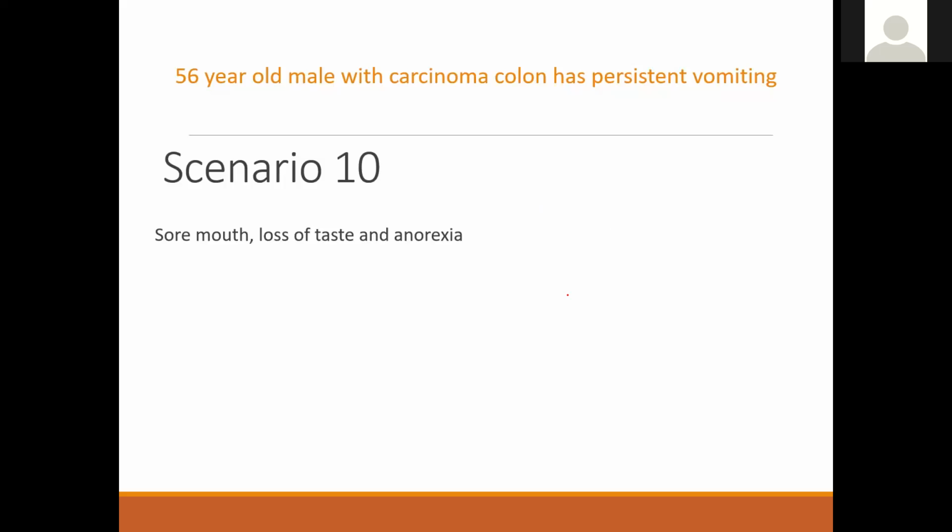So I went through all the scenarios just to make sure that we have dealt with the same 56-year-old male with carcinoma colon. His diagnosis says everything is similar, but the same patient can have nausea and vomiting due to multiple reasons. Just because this patient is CA colon, you can't rely on one single antiemetic all the time.